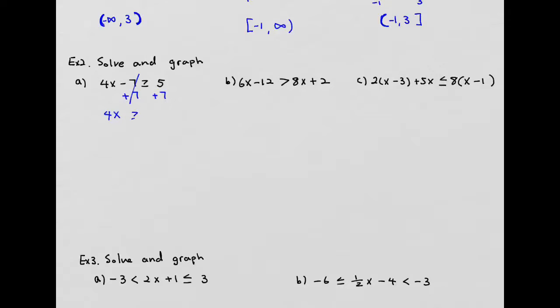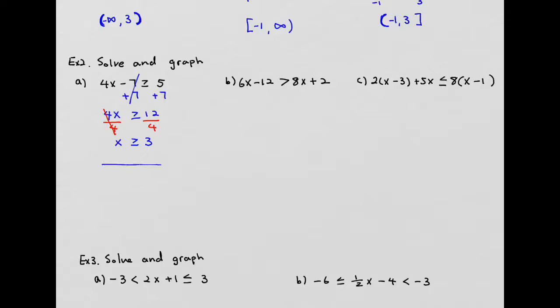And then you will get 12. And now you're going to divide by 4, so I can isolate x, which I will get 12 divided by 4 will be 3. So this solution right here is going to be x is greater than or equal to 3.